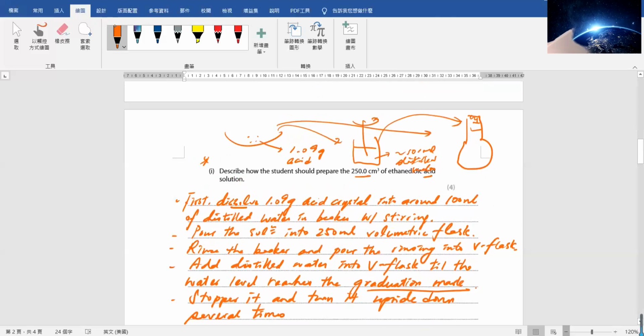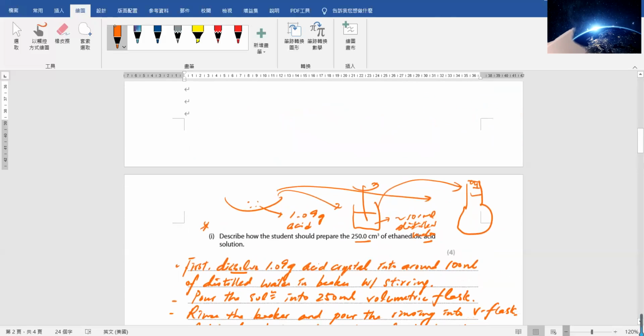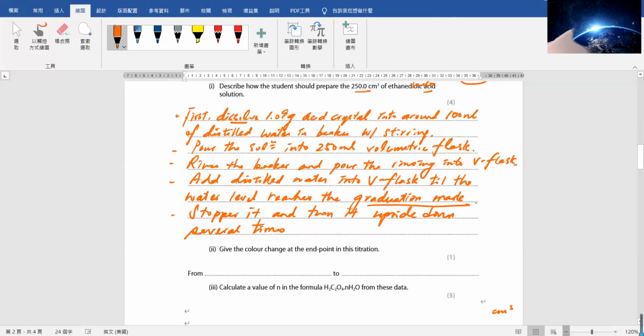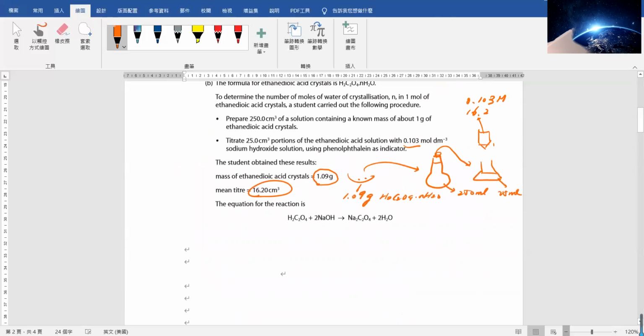Any question? Now let's look at the next question: give the color change at the end point. The titrant is sodium hydroxide, and the solution in the conical flask is acidic. You now use phenolphthalein.